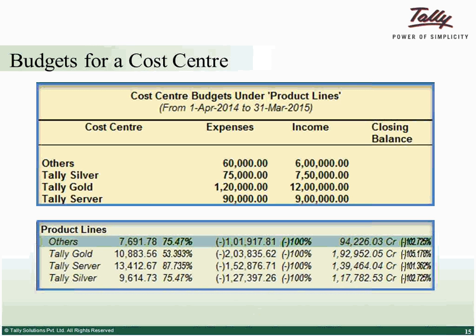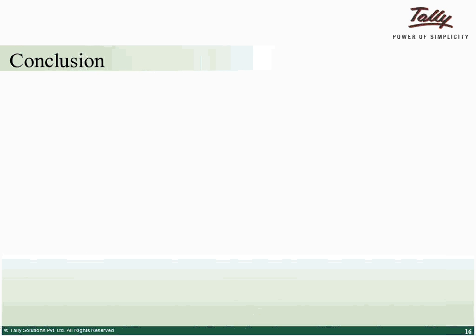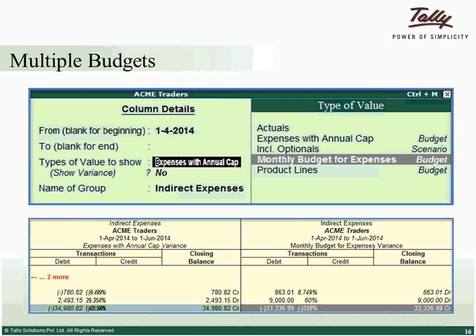Right? So let us see both for expenses and income is given, and that is how you can check for these multi-budgets.